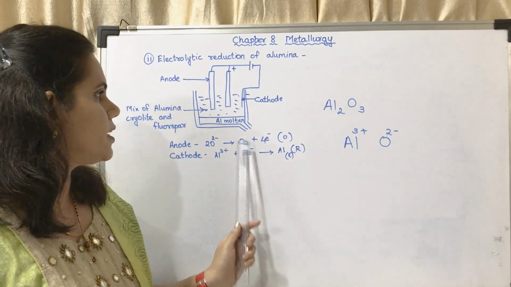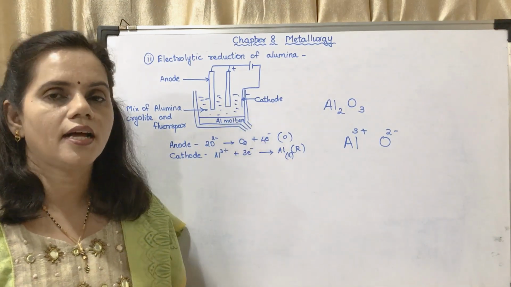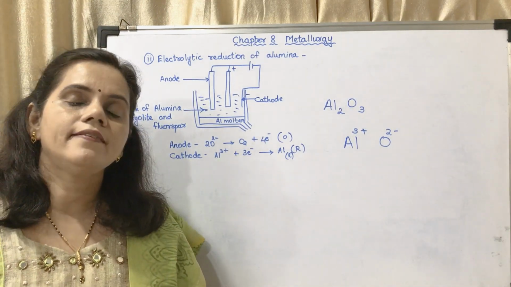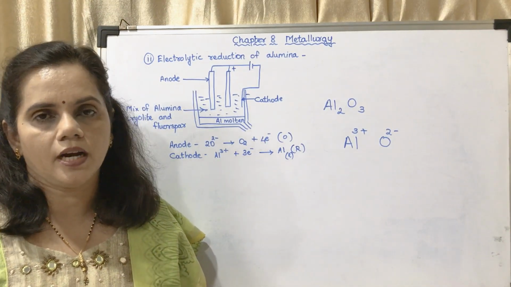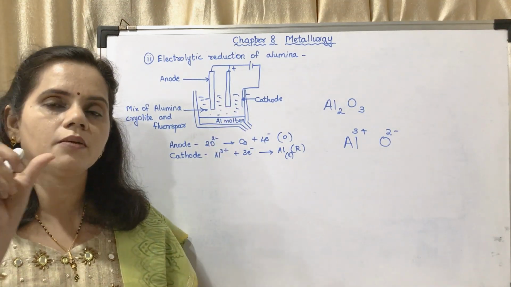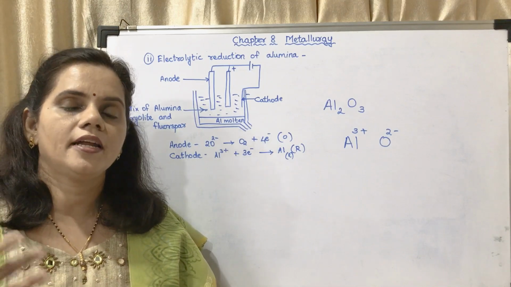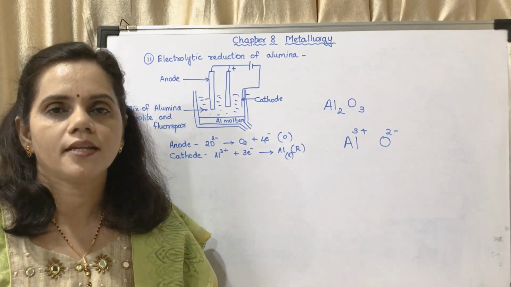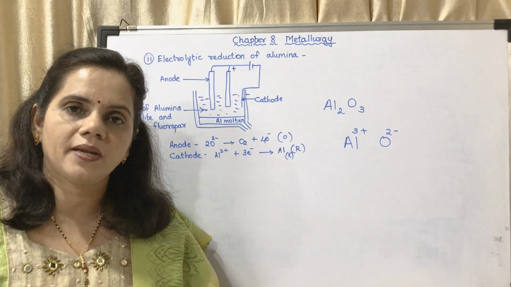Now the anode, which this oxygen reaches, is made up of carbon. It is a carbon rod. The oxygen will react with carbon to form carbon dioxide, due to which these rods will become smaller and smaller day by day. Okay, after several years it has to be replaced. Why does it have to be replaced?